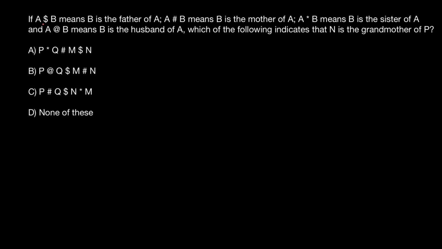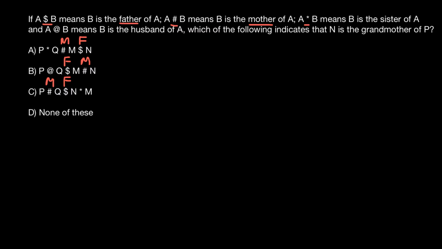For example, $ means that B is a father of A, so we can put F here, here, and here. Next, # means mother, so we put M here, here, and here.